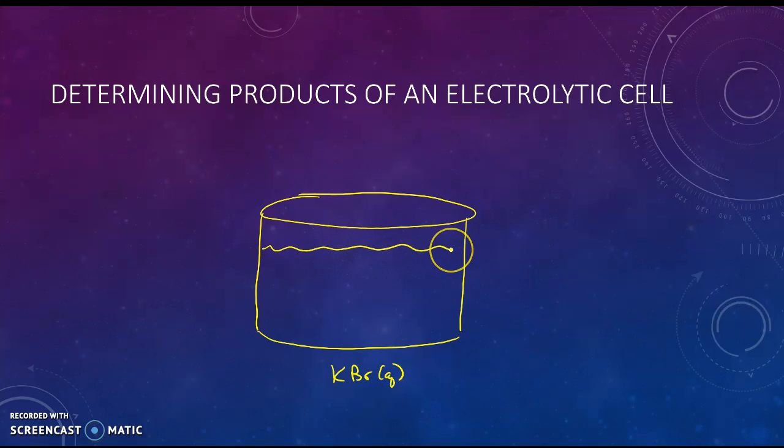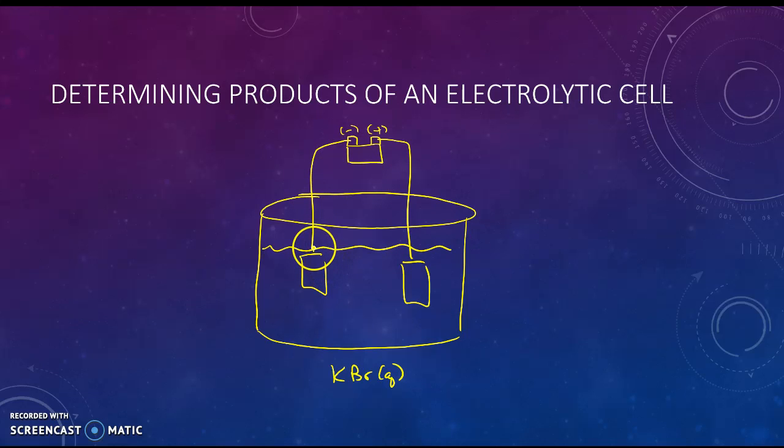So this is water, and we'll apply a voltage to this, so maybe negative, positive, and we'll have our electrodes on each side. On this side, this is our cathode, and on our cathode, something's going to be reduced.